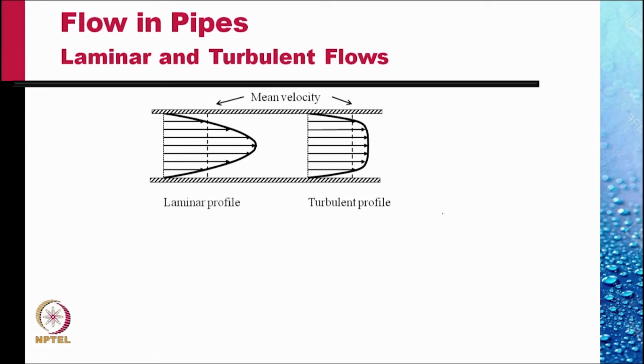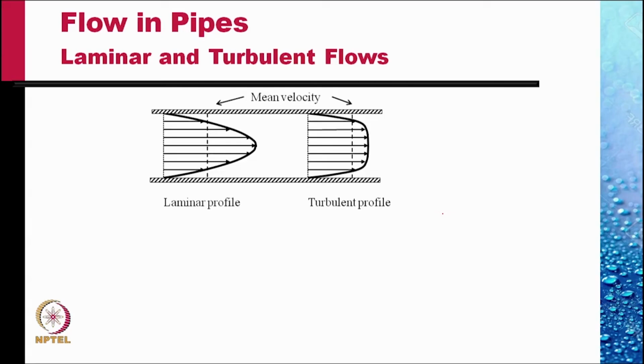This illustrates the difference in the profile through a laminar flow and in a turbulent flow. The flow profile in laminar flows is parabolic with mean velocity 1/2 of the maximum velocity, while the velocity profile in turbulent flows is quite flat at the center.